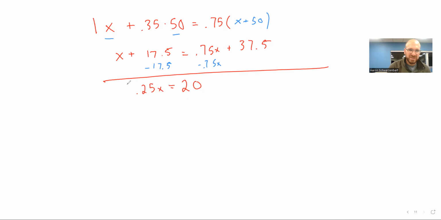I'll multiply both sides by 4 now to make this a whole x, since 0.25 is 1/4. 80. I need to add 80 milliliters of 100% acid to get me 75.